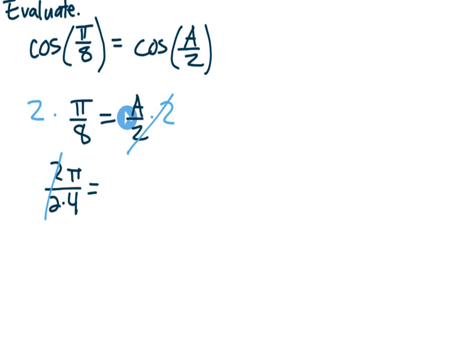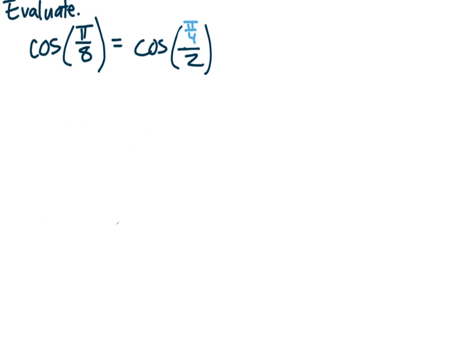Since these 2's reduced, the only thing left on the right-hand side was A. This tells us that this well-known angle is pi over 4. In other words, pi over 8 is half of pi over 4. That's what solving this equation told us. So cosine of pi over 8 can be found by thinking of it as cosine of pi over 4, over 2. I'm taking this well-known angle and dividing it by 2.